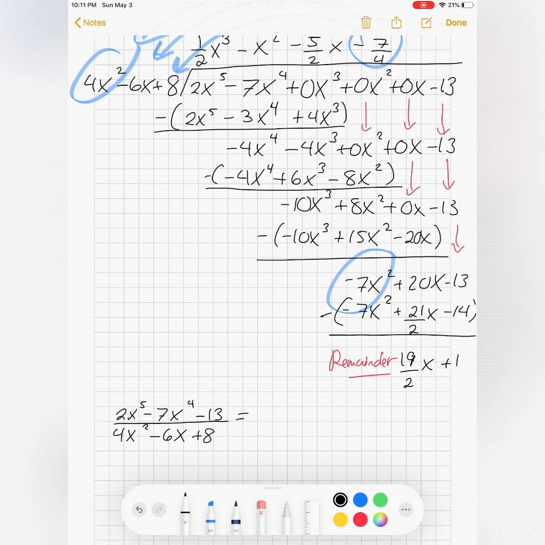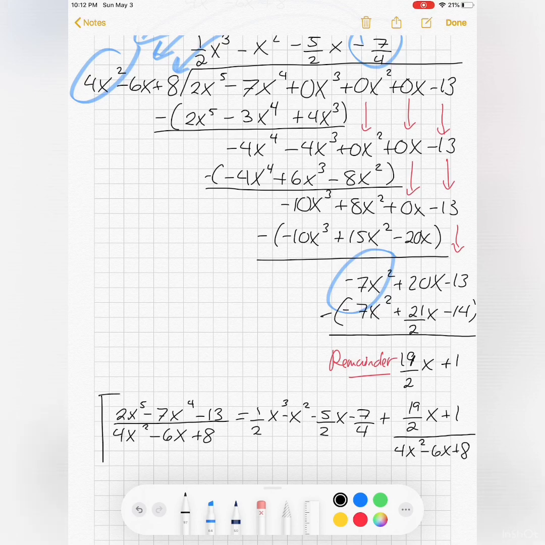And the result was a half x cubed minus x squared minus 5 halves x minus 7/4. The remainder was 19 halves x plus 1. That has to stay over the divisor.